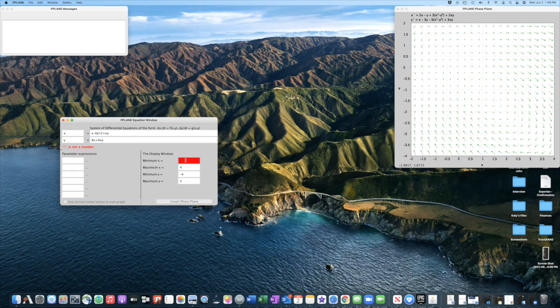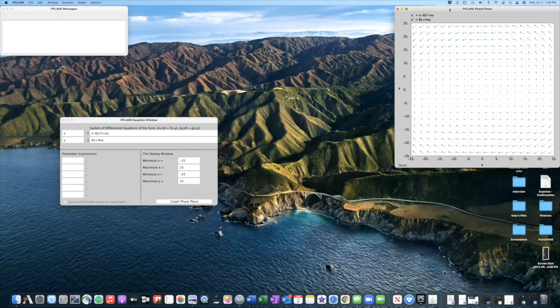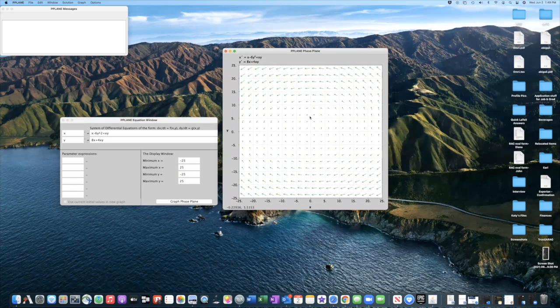Let's go like -25. Whoops, not -25. Let's see what that looks like. Oh, it looks funky. So over here at 0, 0, there's definitely some weirdness at 0, 0.